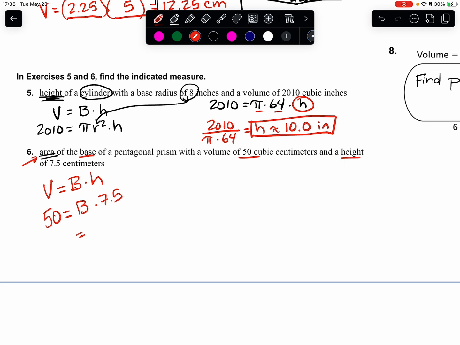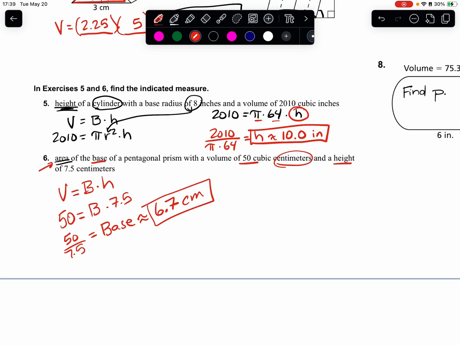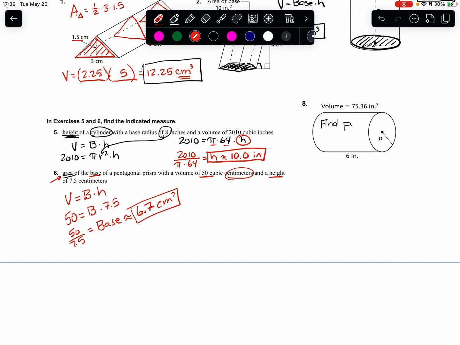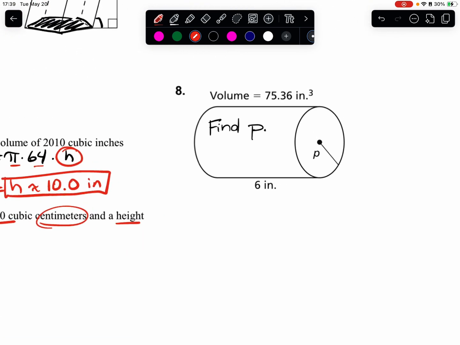We just take 50 divided by 7.5, and we get a base of, rounding to the nearest tenth, 6.7. I look for my units, centimeters. Squared, almost forgot, because it's an area.